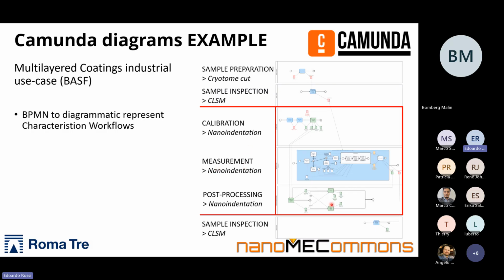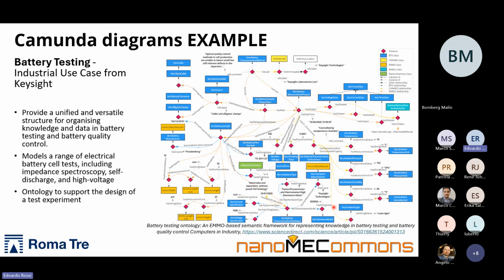Calibration, measurement, and post-processing. The final aim is to get into the final, let's say, characterization properties themselves. This is a very big example of the ontology for an MO-based ontology for batteries.